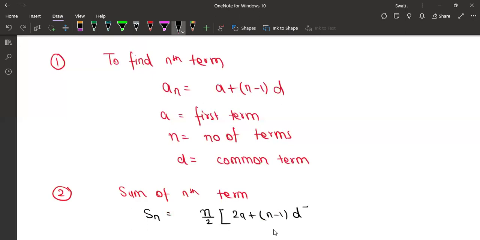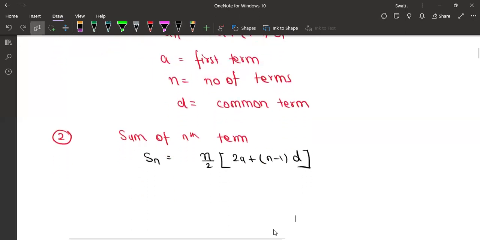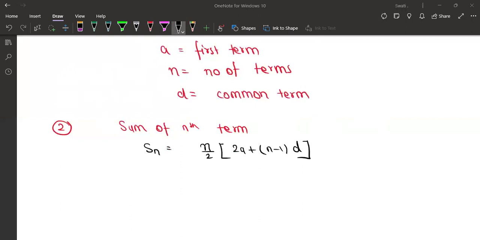Where n is the number of terms, a is the first term, and d is the common difference.